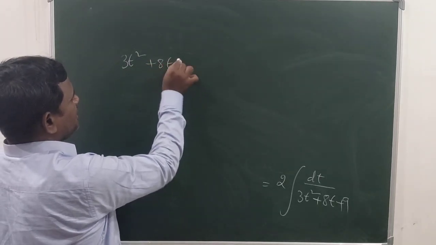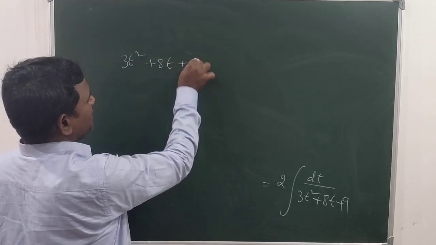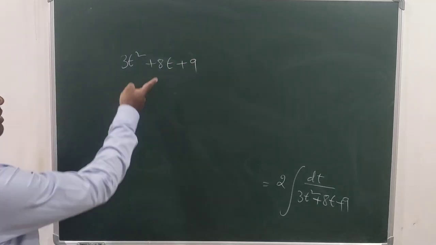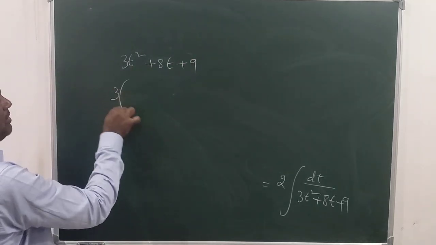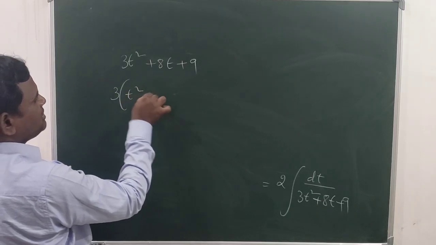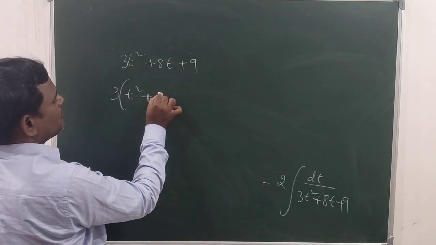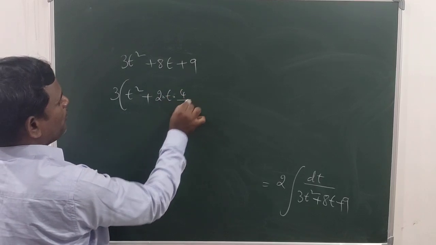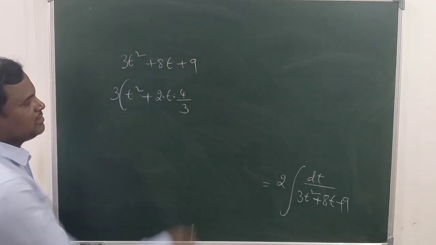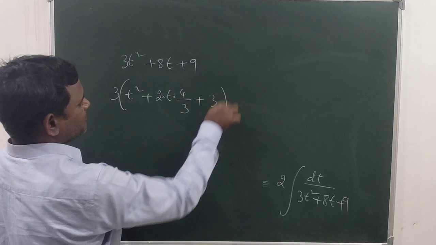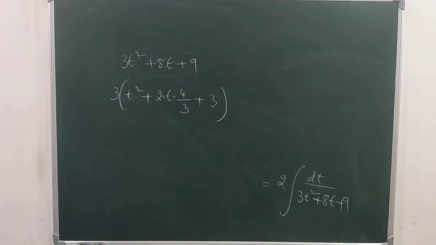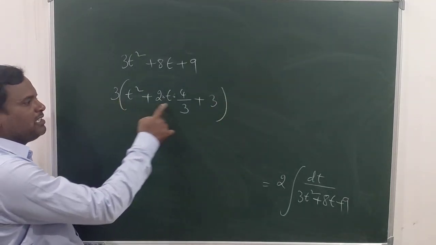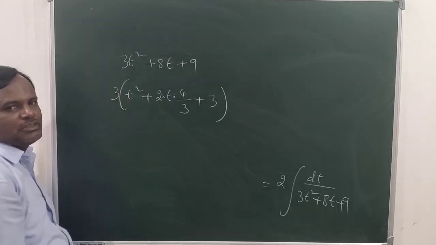Observe me. 3t square plus 8t plus 9. Now take 3 as common. So here t square plus, 2 into t into 4 by 3, can I write? Yes. Here plus 3. If you want, multiply these terms with 3 again, you will get this back step.